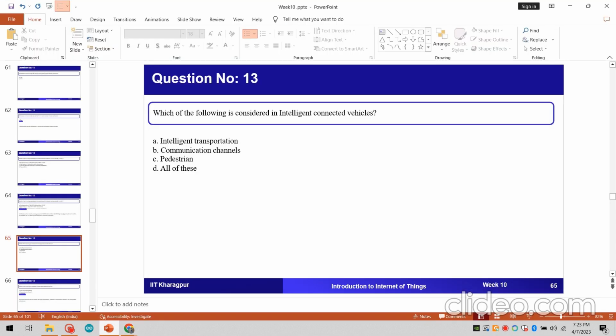I am repeating the question. Which of the following is considered in intelligent connected vehicles? Options are intelligent transportation, communication channels, pedestrian, all of these.